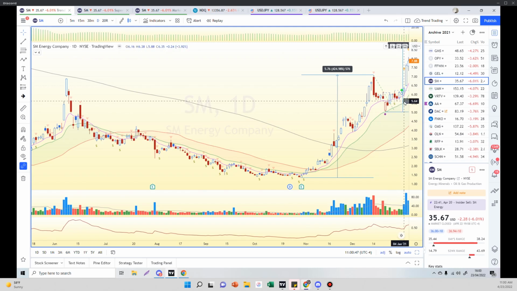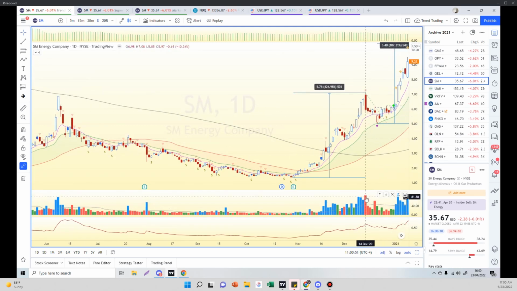Now this one happened a bit quick, but at that point you can see these range declines. So the volume is coming in, which we like to see. It was going up on the way out, which is great.